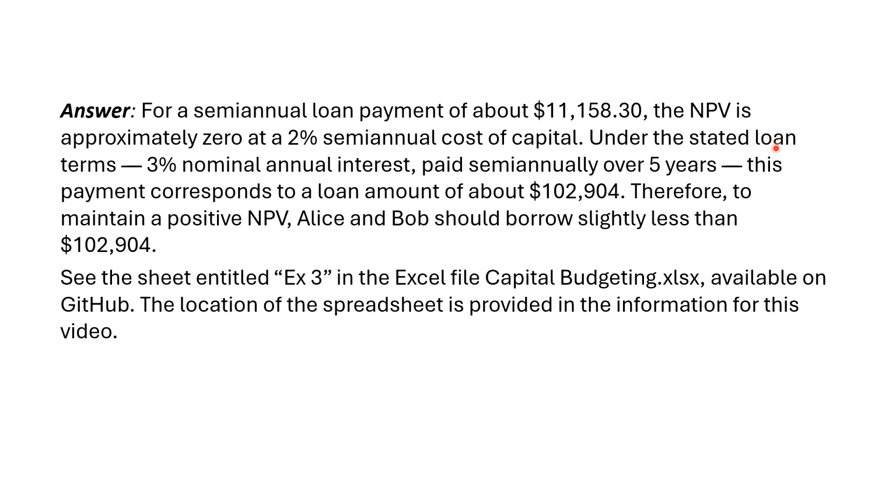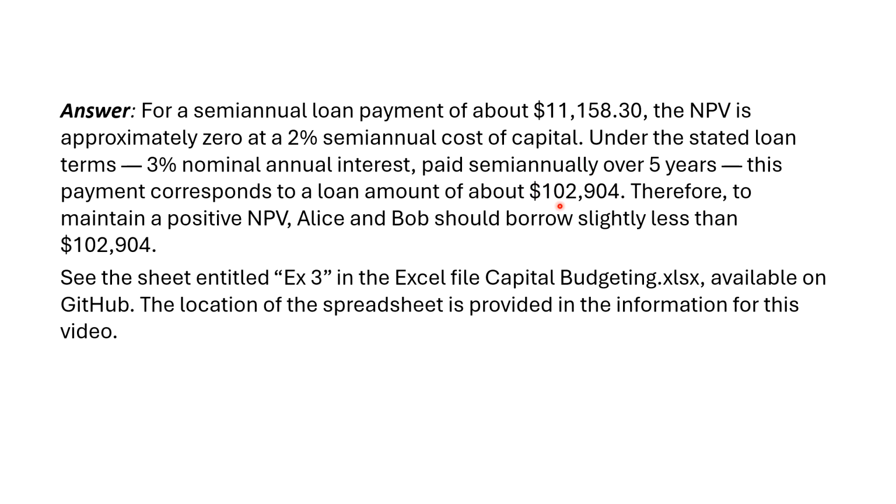So under the stated loan terms, which I just restated for you here, we can work backwards. The amortization program that I supplied you can work backwards. If you know this is your maximum loan payment, you can work backwards to find out what the amount of the loan is.